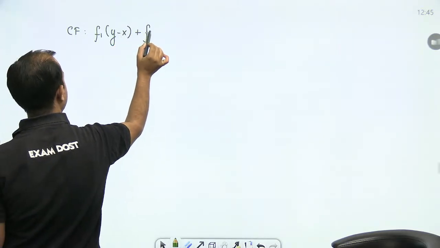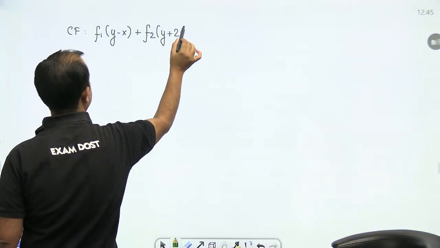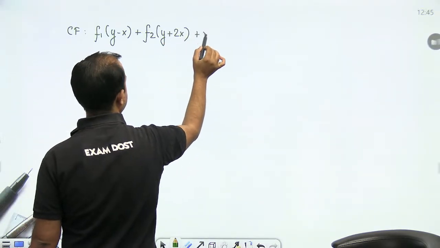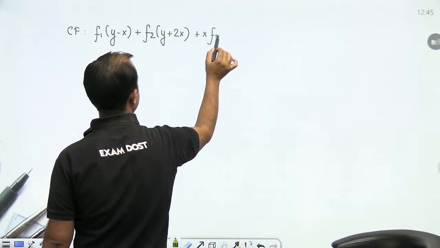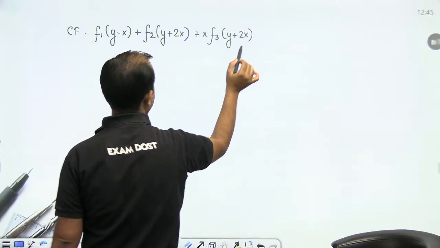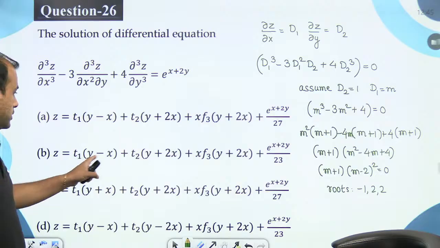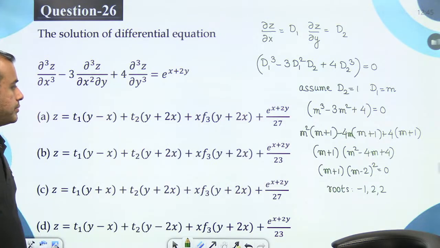For plus 2, y plus 2x. But this is a repeated root, so x times y plus 2x. Or x plus 2y, you can write y plus 2x or x plus 2y. So these three terms are common.